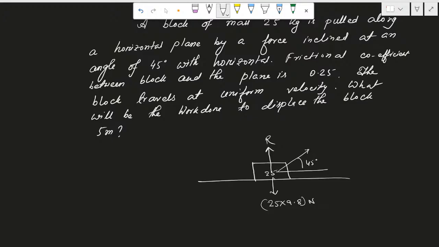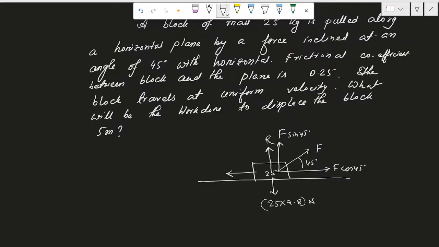You need to get the value of the force also. As you know, if the force is applied in this direction, this will be your F cos 45, this will be your F sin 45, and this will be the friction in this direction.